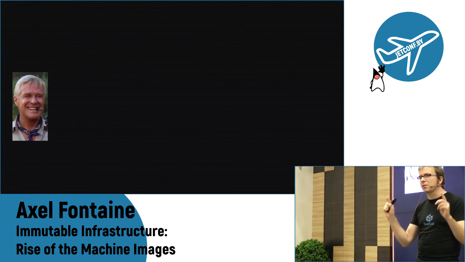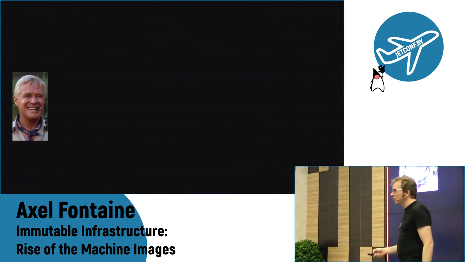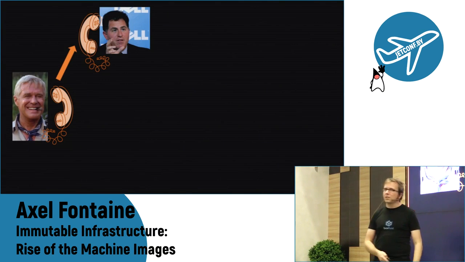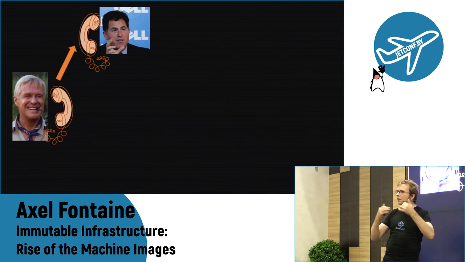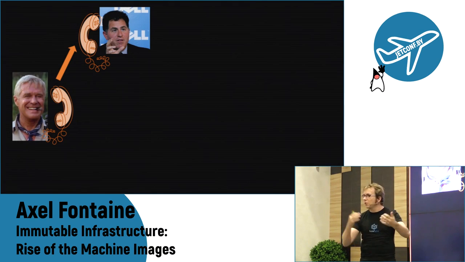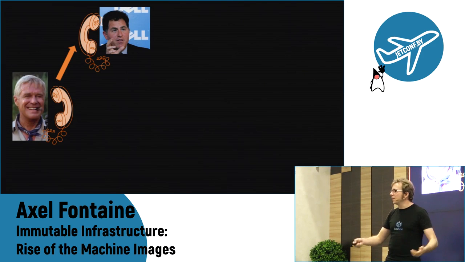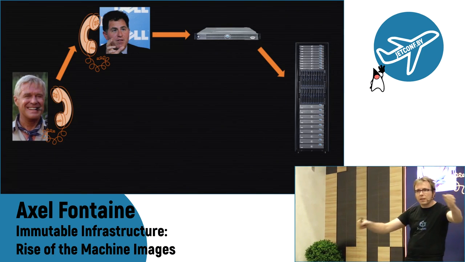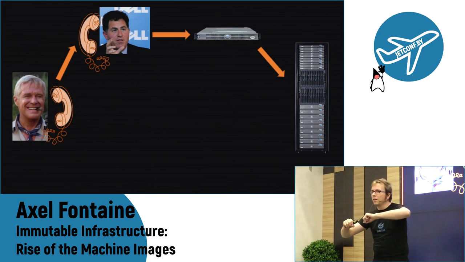So when his plan was to get a server, this is how he would do it. He would get on the phone, the old style with the cords, and call his good friend Michael and say, "Hey Michael, I would love to get a server." And Michael says, "Well, sure." Eventually, a few weeks later, he would receive a pizza box in the mail, screw it in the rack and connect the network and the power, and then what?